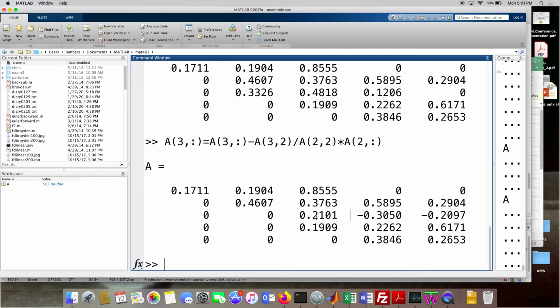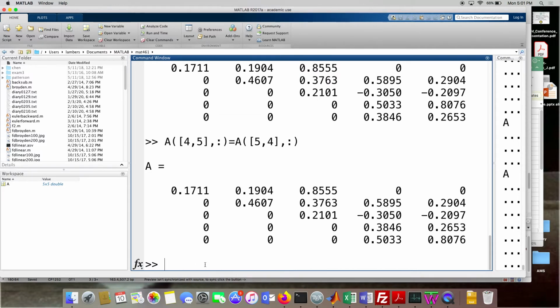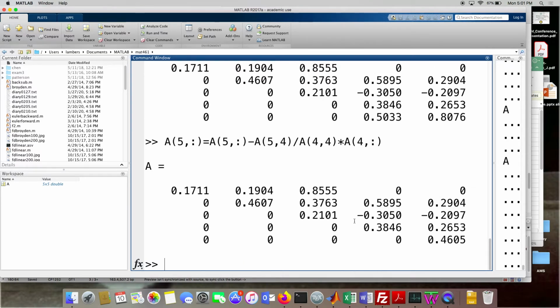In the third column, no need to pivot, because we've done enough damage as it is. Finally, down here, I need to swap rows 4 and 5, and then do one last row operation. Okay, so now it's upper triangular at least.